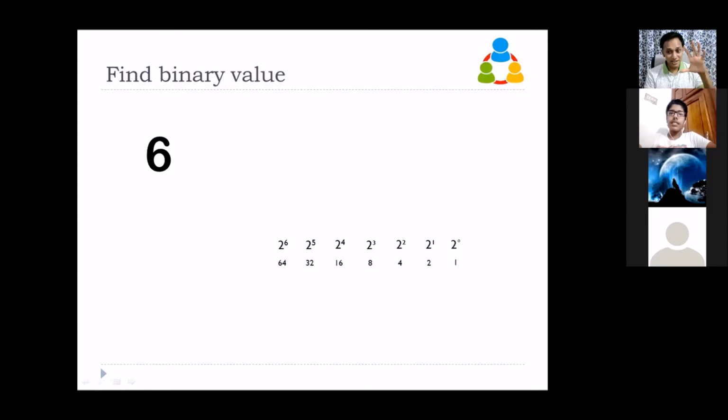So please understand, 0, 1, 1 is as good as 1, 1. There's no value of 0 on the left side. So with 1, 1, with 2 digits, you can't represent 4 and above. To represent 4 and above you need 3 digits. 8 and above you need 4 digits. 16 and above you need 5 digits. That's what we learned, 2 raised to n minus 1. So how do you represent 6?